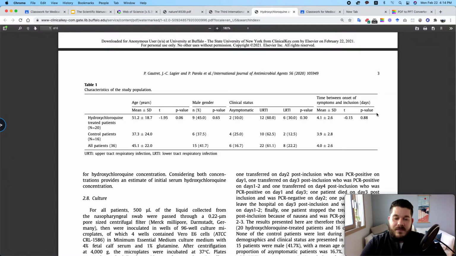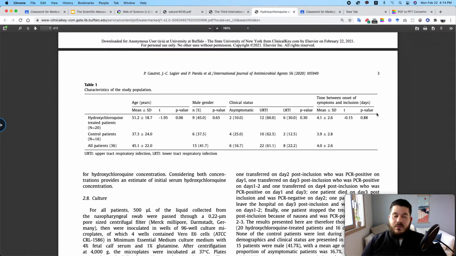So that means if you have two groups, one has coronavirus, one doesn't, and you run the t-test, the statistical analysis, and it gives you a p-value below 0.05, that means that more than 95% of the time the data is different.